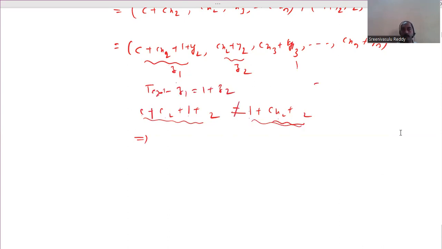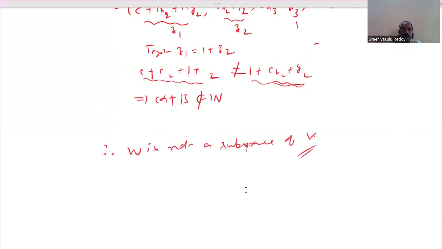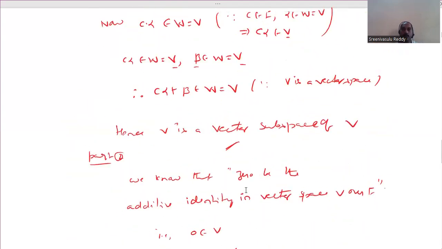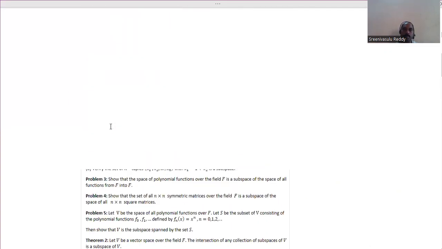It is clearly not equal. That implies c alpha plus beta does not belong to W. Therefore, it is not a vector space. Therefore, W is not a subspace of V. That's all. I can prove only one problem; the remaining problems, try yourself later.